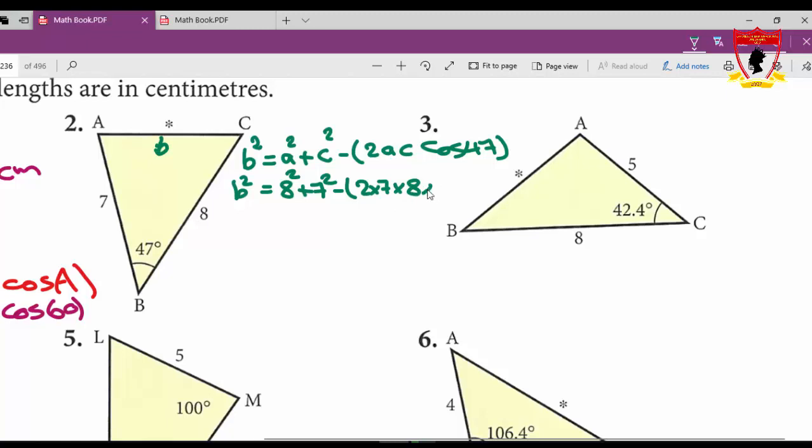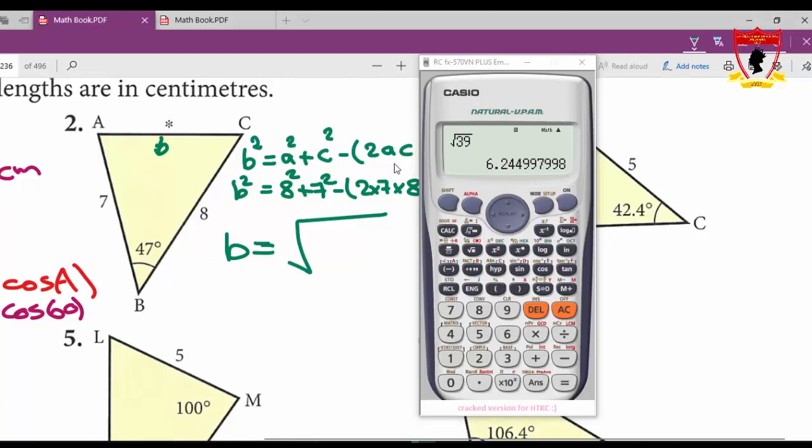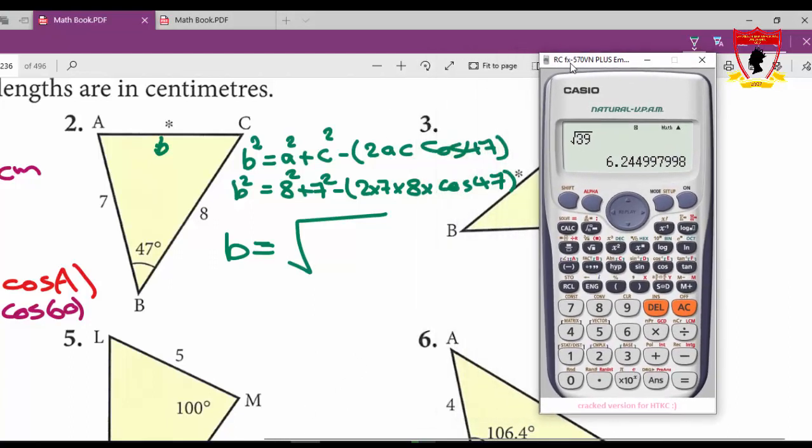Then this result times cosine of 47. Now let's type this in the calculator, and then we need a square root to get B, because when we calculate this, it will be the result of B squared, but what we need is B, not B squared. That's why a square root is necessary.